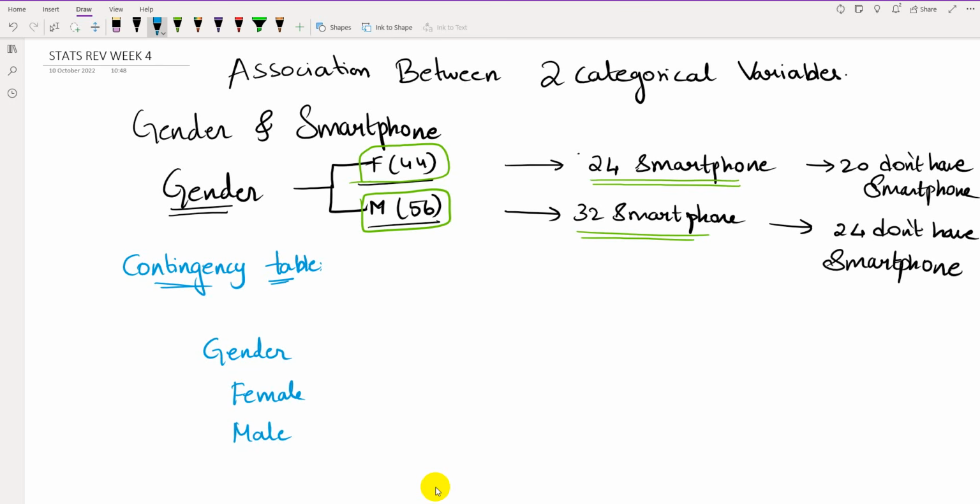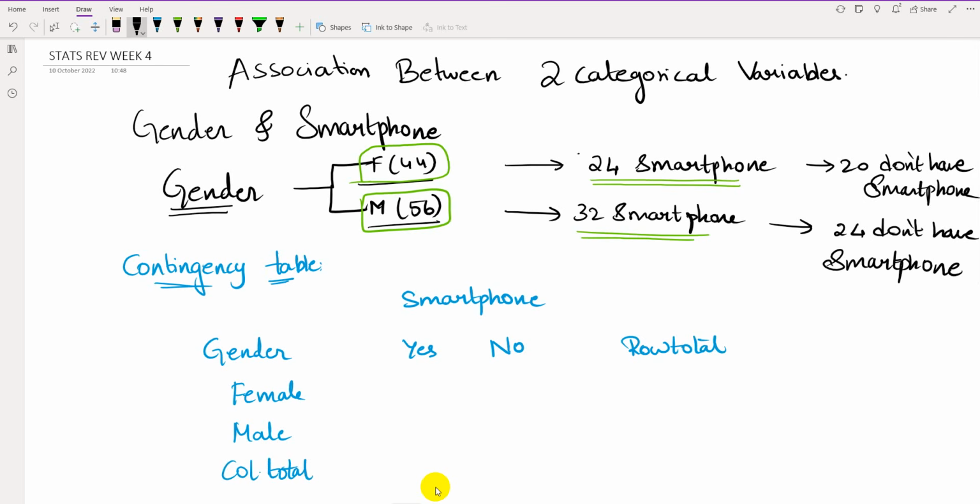Now we have seen what? Those who have a smartphone. So next is smartphone, that is, yes, those who have and those who don't have. Now we will be calculating the row total and also the column total.